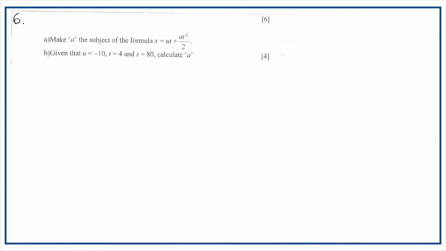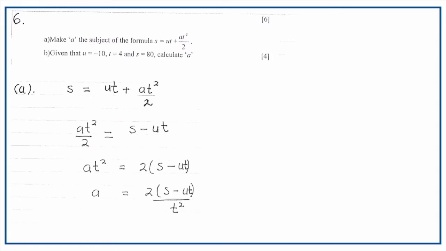5. Question 6. 6a, make a the subject of the formula s equals ut plus at squared divided by 2. So we move ut to join s. So we can then write that at squared divided by 2 equals s minus ut.